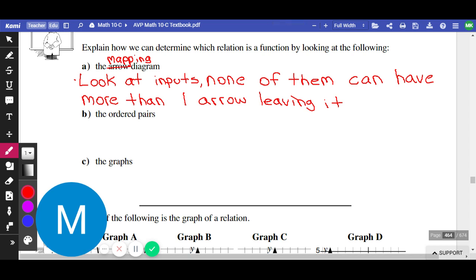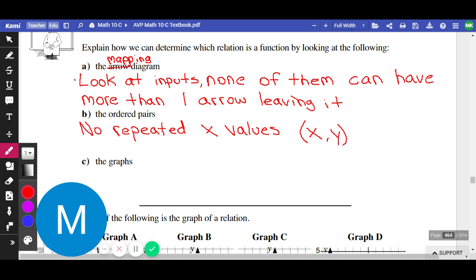Awesome. For B, ordered pairs. When looking at an ordered pair, you can have no repeated x values. Remember, in an ordered pair, x is the first one, y is the second one.